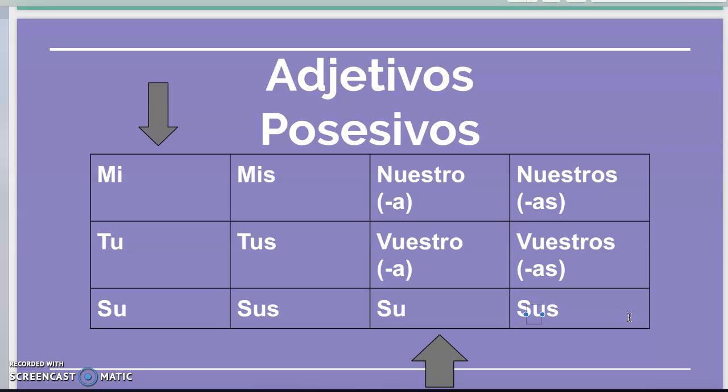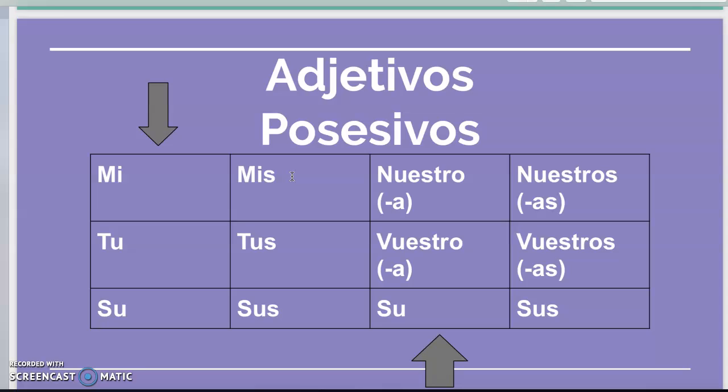We have those 6, but let's put those translations somewhere. So follow along with my cursor, and hopefully this will work on your end. In this very first box, mi, M-I, and this box right here, M-I-S, mis, equals my. Both of them are my in English. Mi, mis, my.